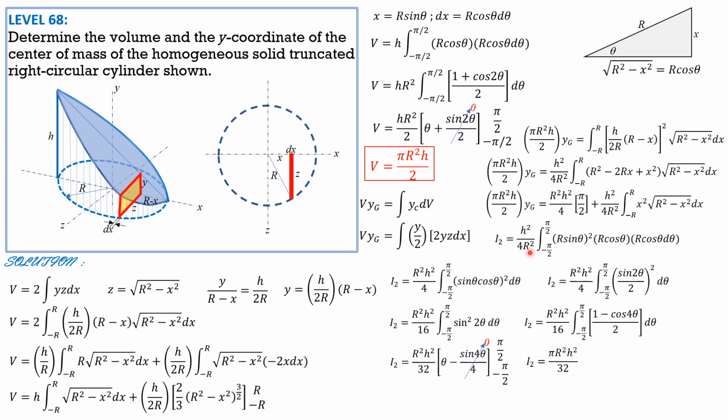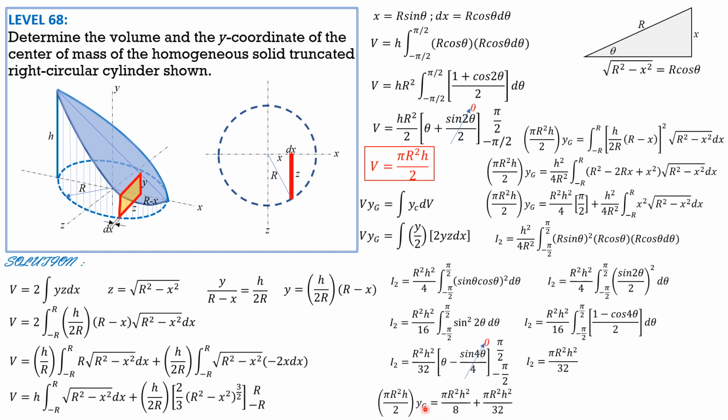Then substitute here, and this is I2. So yg equals pi r square h over 2 times h over 4, which is pi r square h square over 8, then plus I2, which is pi r square h square over 32. So we can cancel pi r square. So the answer is in terms of h.